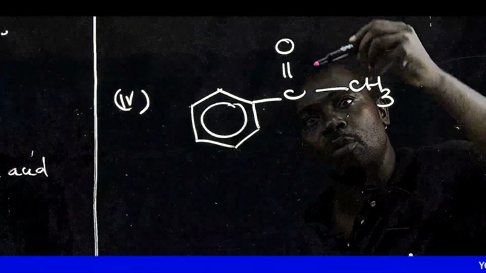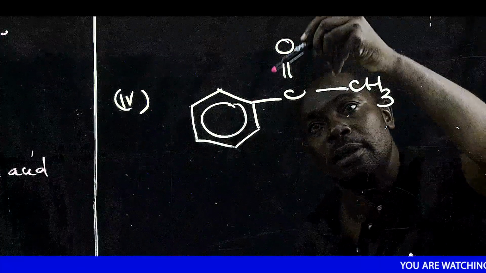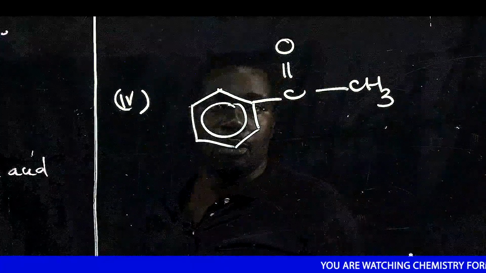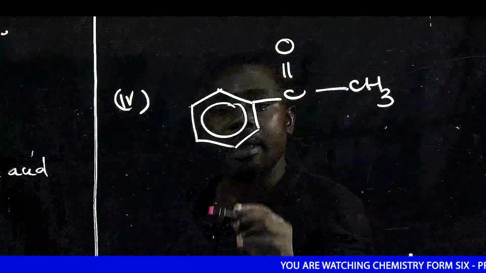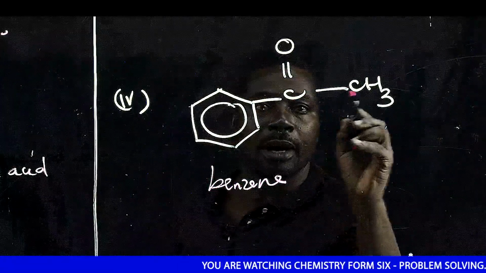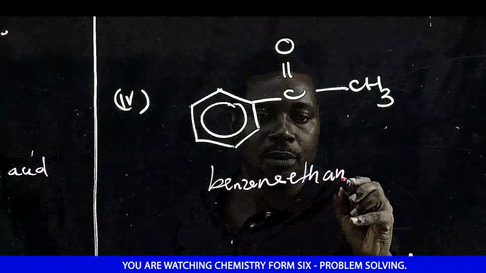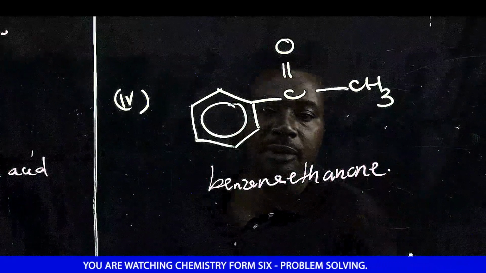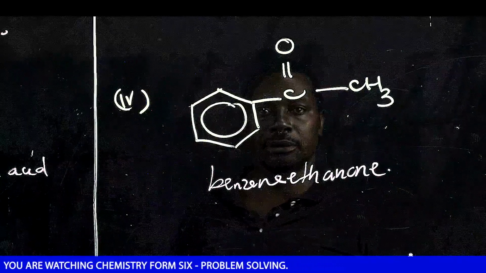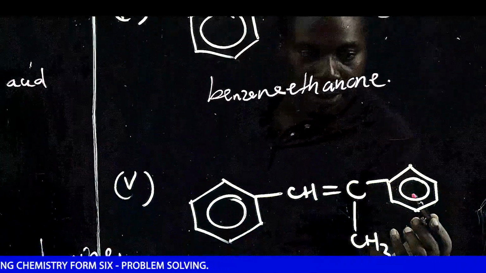And if the keto group, this substituent group attached to the benzene ring, is derived from an organic compound known as ketone, then the naming should be benzene. How many carbon atoms? 2. So from ketone it should be ethanone. Benzene ethanone.